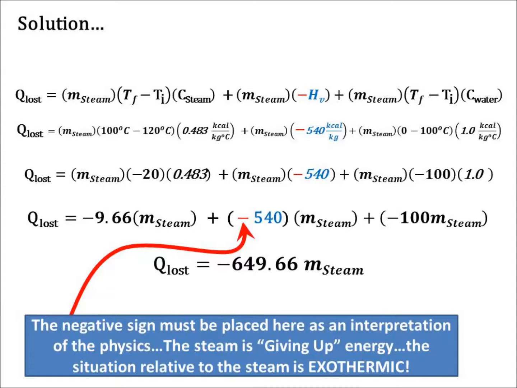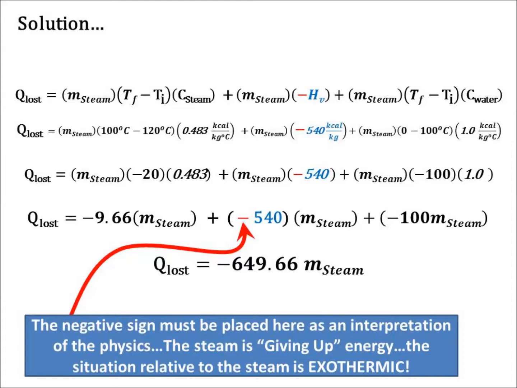So look at the first term, Q5. It's 100 degrees Celsius is the final temperature minus 120 degrees Celsius. You see that? Final minus initial for the steam portion. So 100 minus 120 is a negative 20. If you look at the third line, it says negative 20. The heat of vaporization is negative.